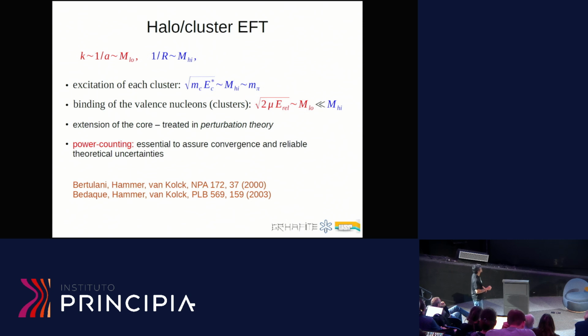So perturbation theory in action. And as I said, the essential ingredient is the power counting, which is the one that assures convergence and also puts reliable theoretical uncertainties. So for more details, I refer the audience to these two papers that explain the philosophy of Halo cluster EFT.